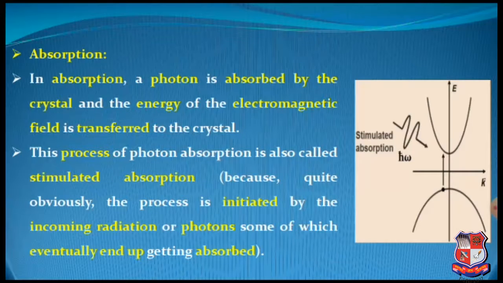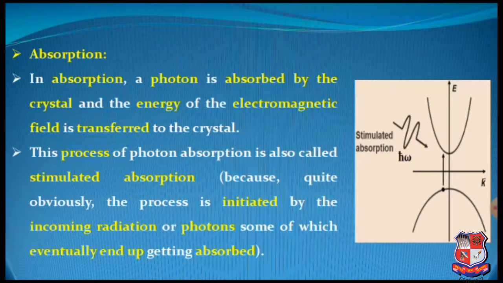In this figure, the bottom level which you are observing is your valence band, and the top level is your conduction band. The black dot on the valence band is traveling from the valence band to the conduction band, and you can see that the energy h cut omega is absorbed. This phenomenon is known as the absorption mechanism.